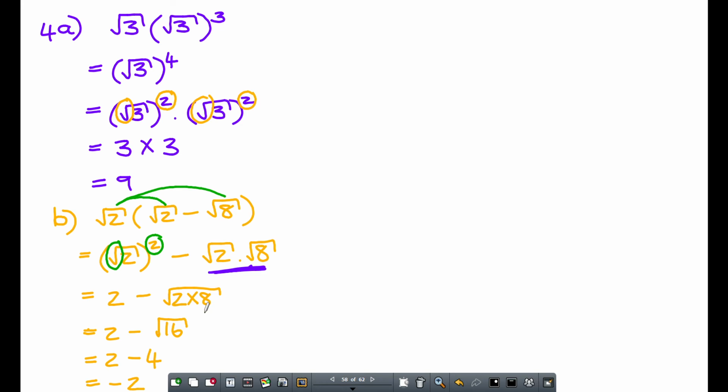Let me just finish. Why I'm doing that is that 2 times 8 gives me 16, and the square root of 16 I can actually get. But square root 2, I can't get without a calculator, and square root 8, I can't get that. But if I combine the two, then it gives me 16, and the square root of 16 I can actually get.